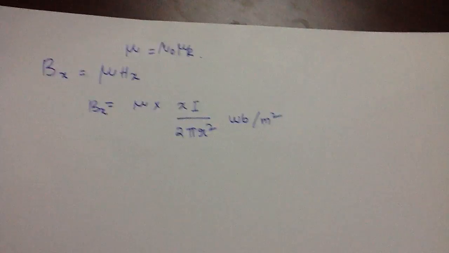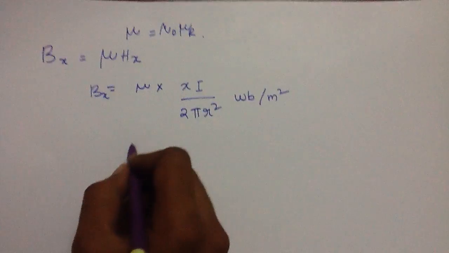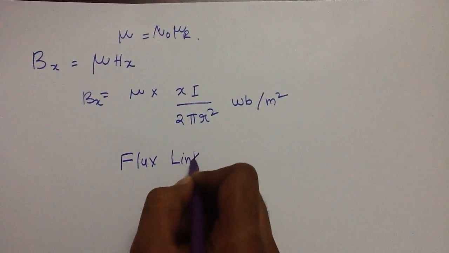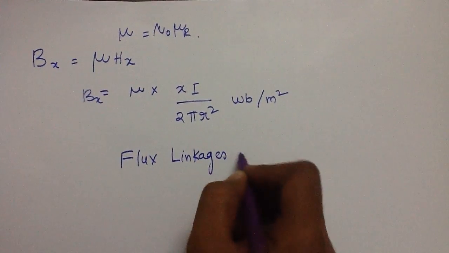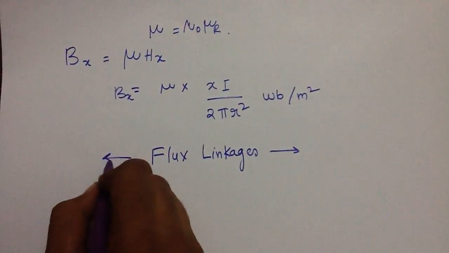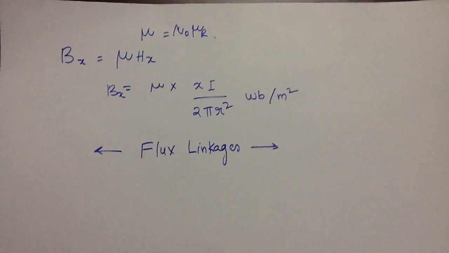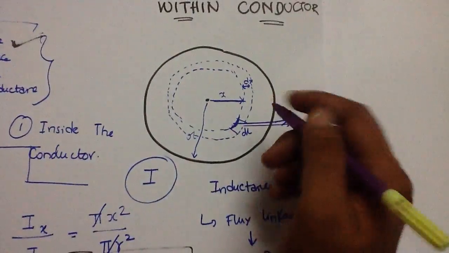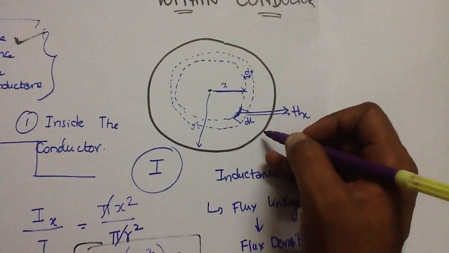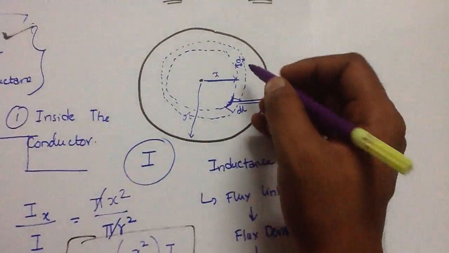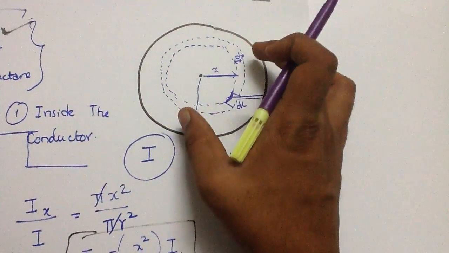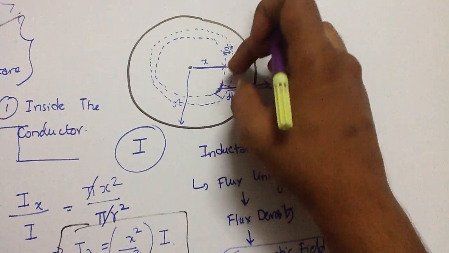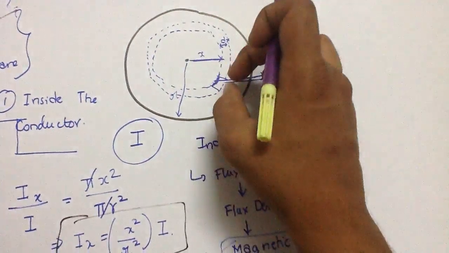Okay, now what we are interested in is the flux linkages, our next interest. Now look at this diagram again. We are considering a small tubular element. We have this radius x and a very small tubular element dx.